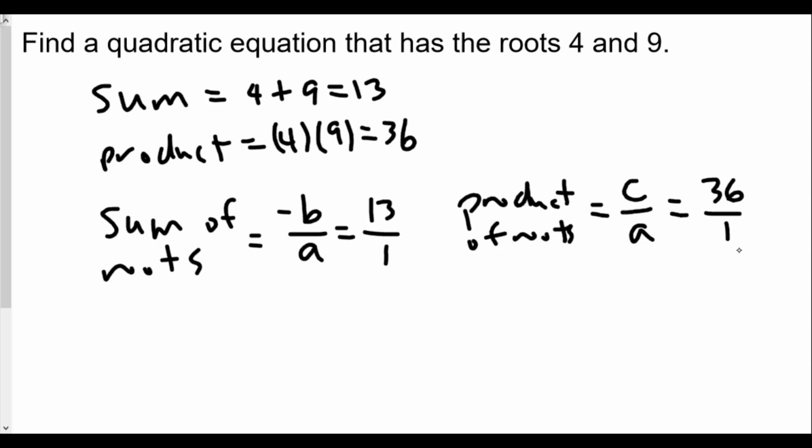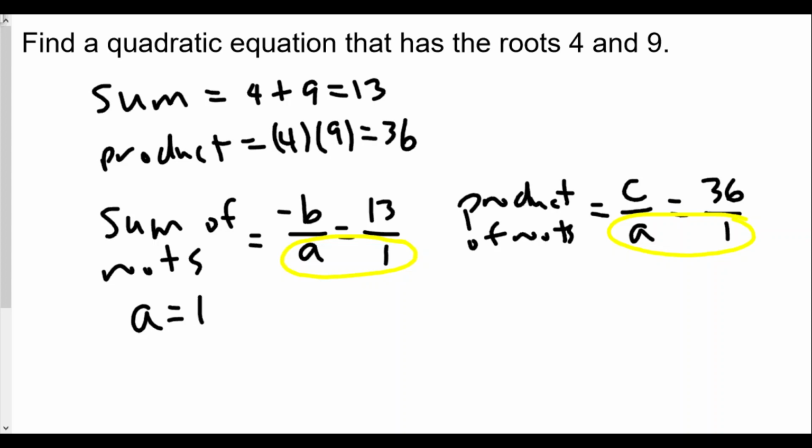Now, why write over 1? Well, we're going to write fractions, and any integer can be expressed as a rational number or a fraction, and it's just that number over 1. We will notice that in both fractions we have the same a value, which leads us to the idea that a must equal 1.